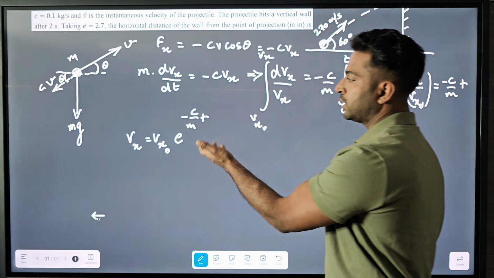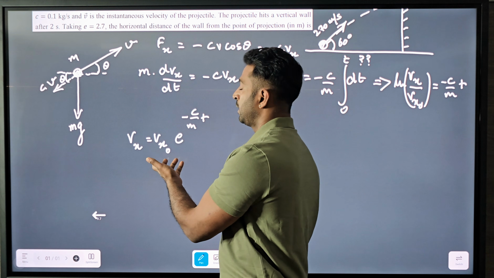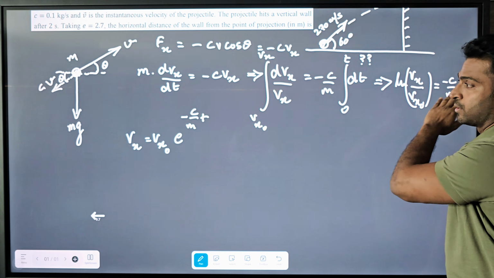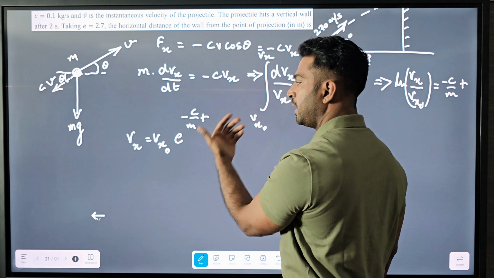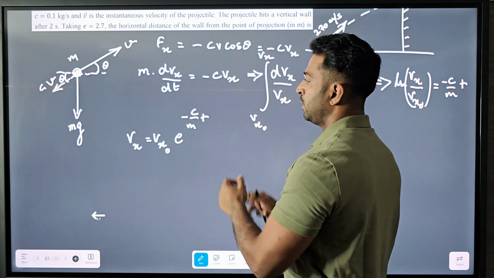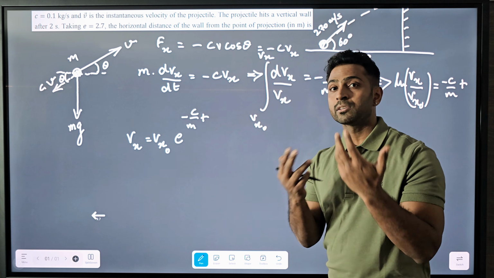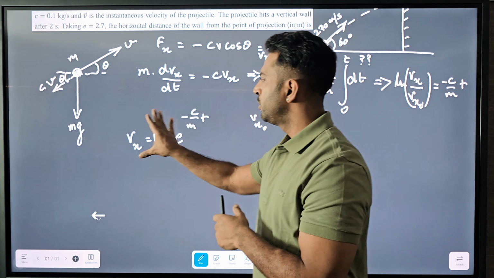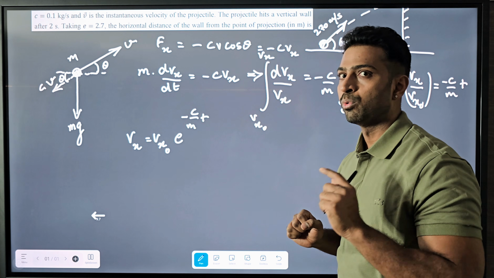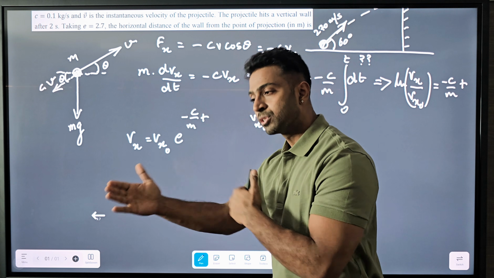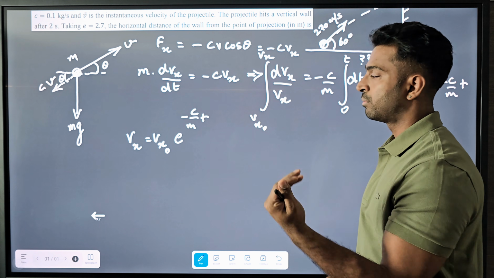Now, if you look at this equation closely, we are already given time as 2 seconds, c is given, m is given, and Vx naught we know. So if I were to find the x component of velocity at 2 seconds, I would have needed only this equation. But no, I have to find the x coordinate, the horizontal distance of the wall from the body.